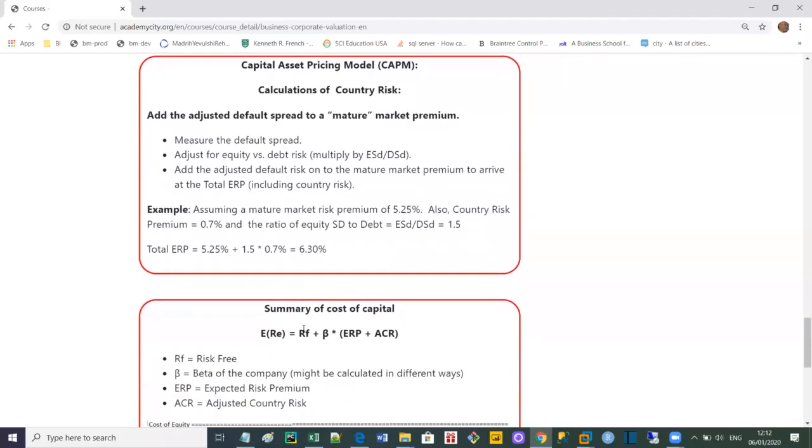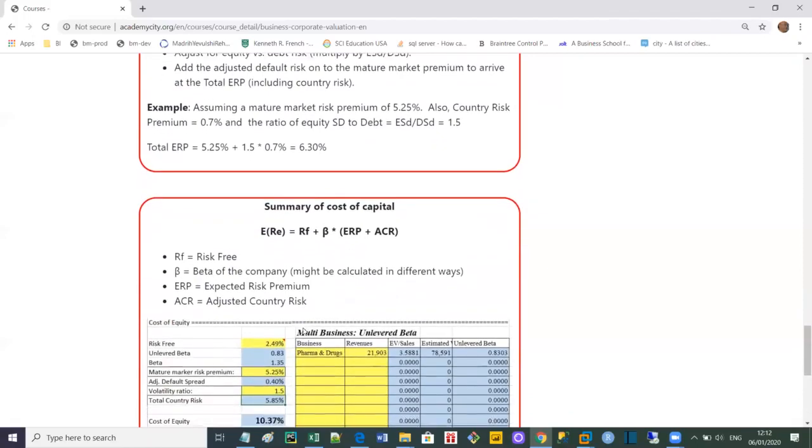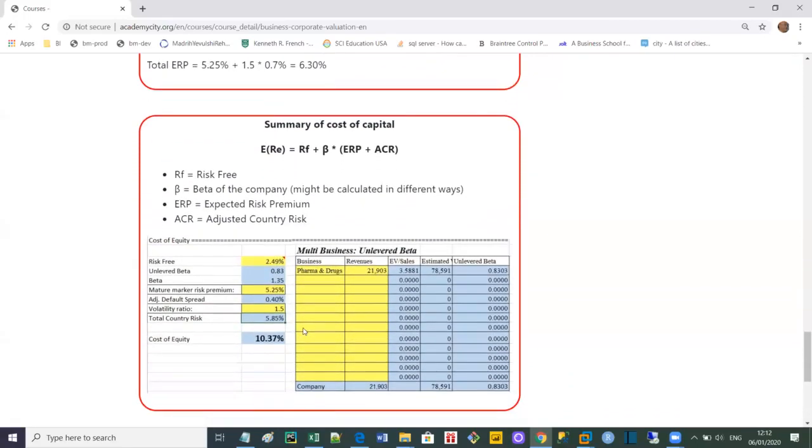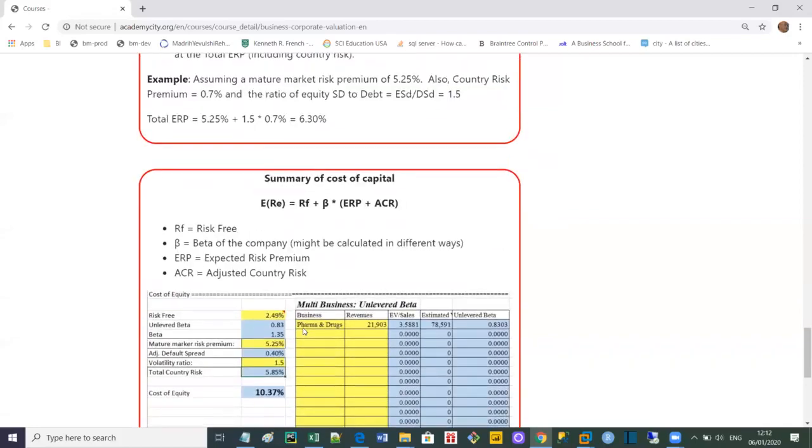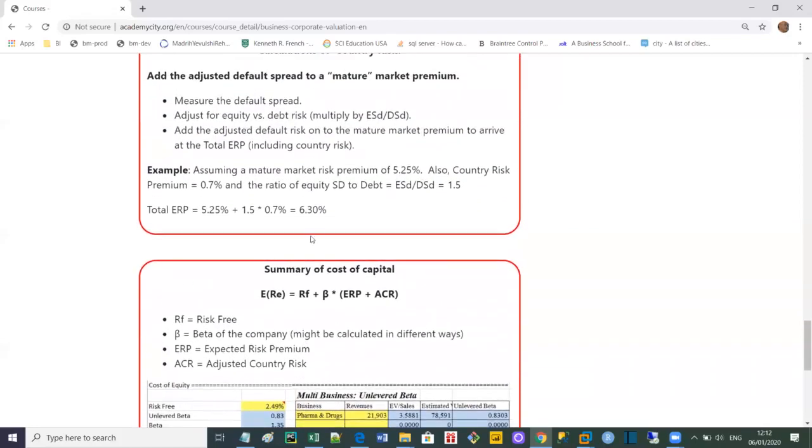Let's look at the final equation that I showed in the beginning. In this example, what I have in the parentheses is 5.25 plus 1.5 times 0.7. That gives me 6.3.